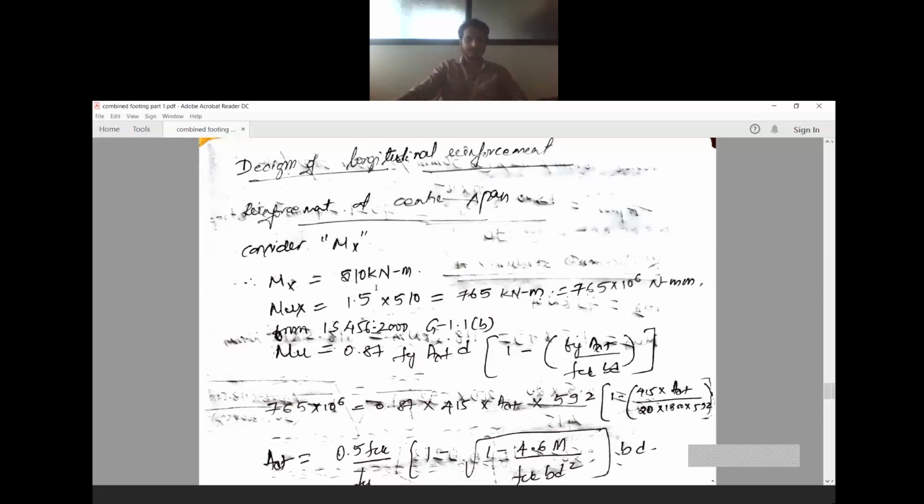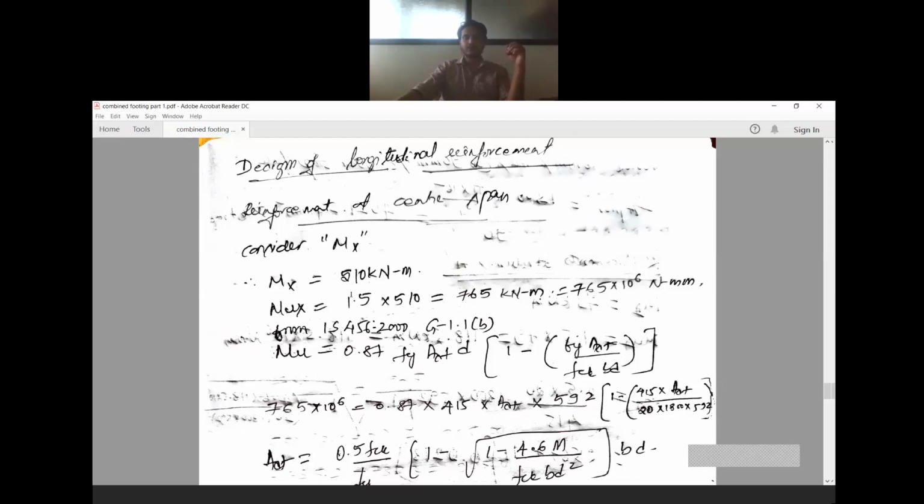I have given the clause number G-1.1b. So we have this formula, which is Mu equal to 0.87 fy Ast d multiplied by 1 minus fy Ast by fck b d. Maybe it should be b d square. Please check the formula.